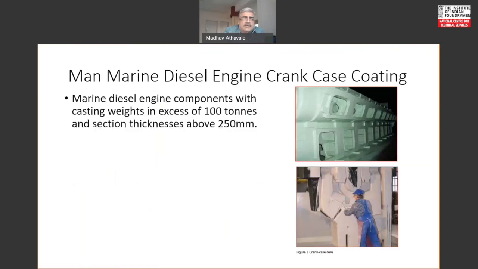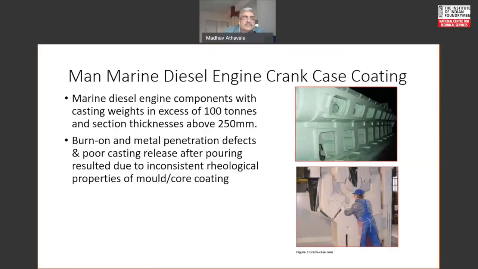It's a large crankcase weighing in excess of 100 tons. The section thickness is in excess of 250 millimeters, so greater than 10 inches.